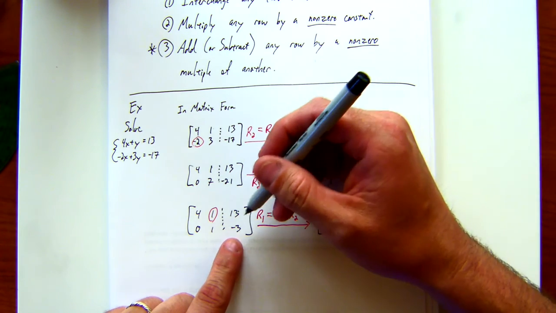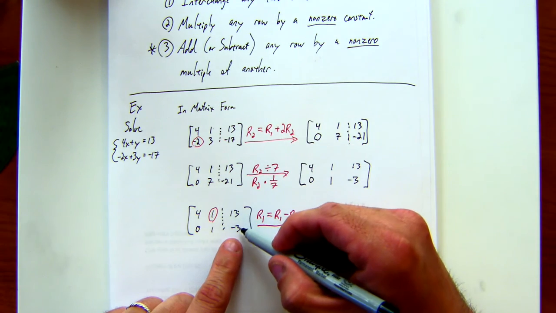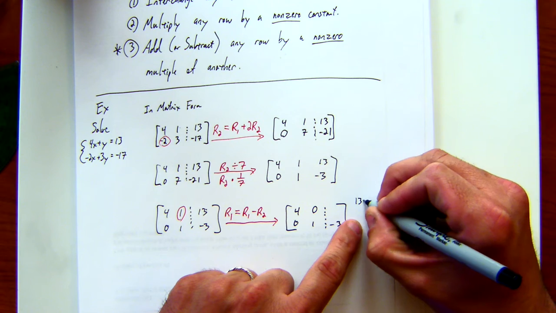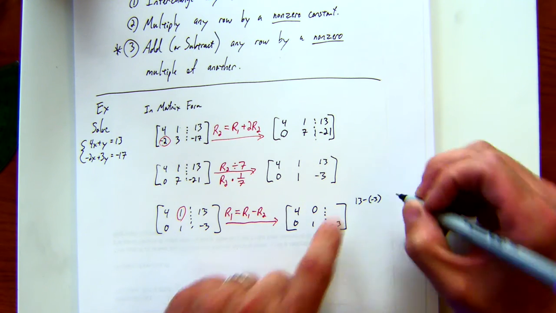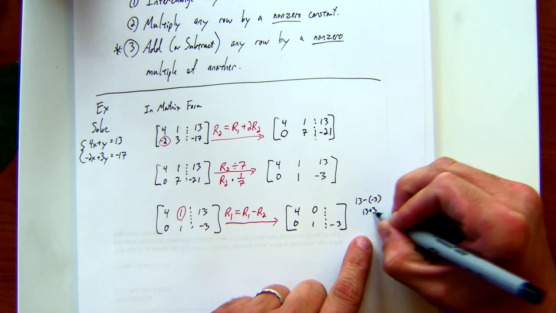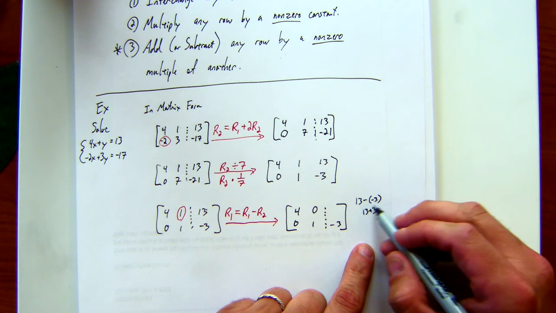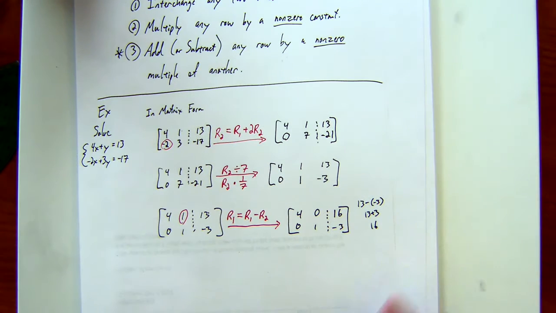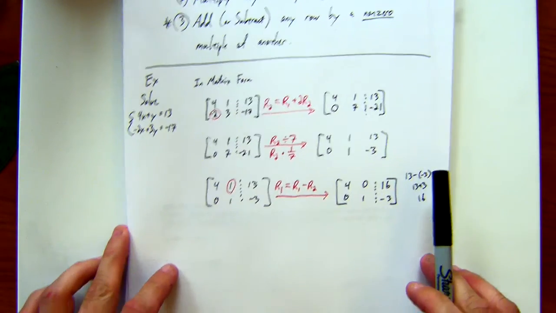Now here, you got to be a little careful. 13 minus a negative 3. So if you need to do a little mini problem, do 13 minus a negative 3. What is that? 13 plus 3. Two negatives make a positive. This is 16. So this is going to be 16. Did you guys have that before I did? You already working ahead?